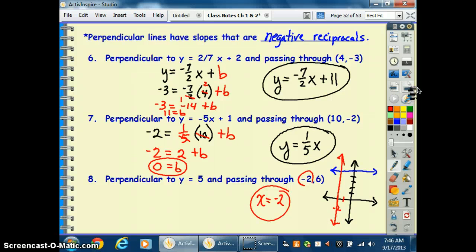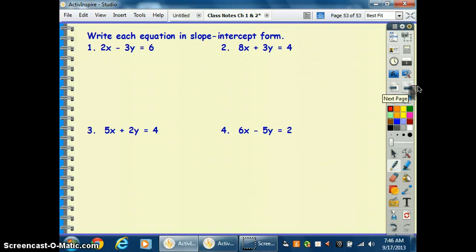On the last page of the notebook, we want to put it into the slope-intercept form, and let's just do a couple of these. Okay. I do not have it in the y equals mx plus b form, so I need to subtract 2x from both sides.